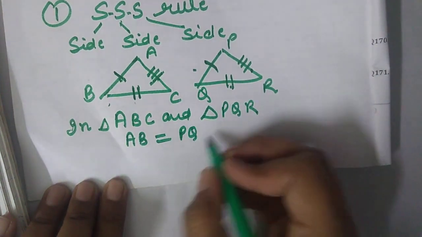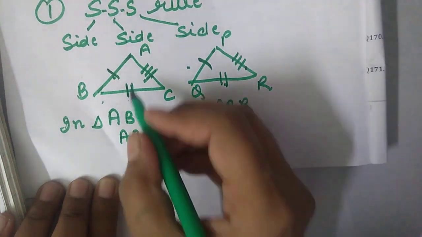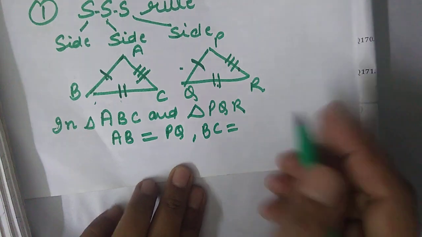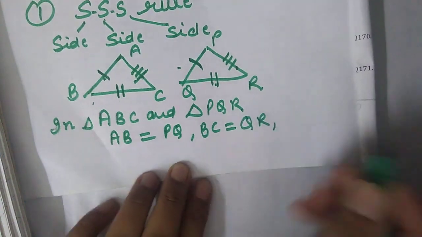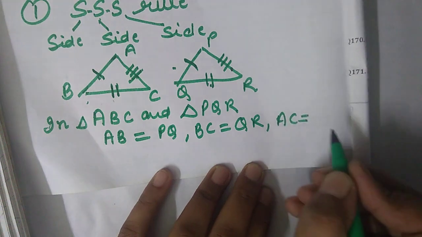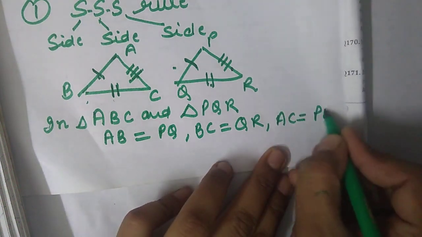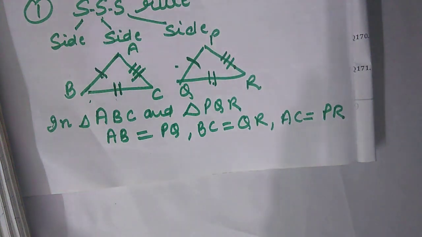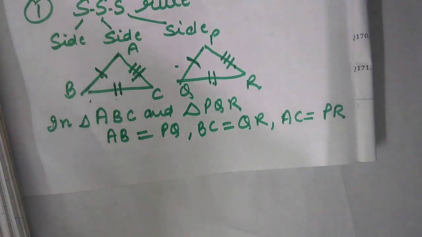This is the first side given. Then BC is equal to QR, and the third side AC is equal to PR. We have been given these three sides, and according to this rule we can say the triangles are congruent.